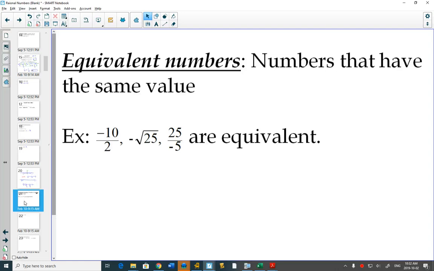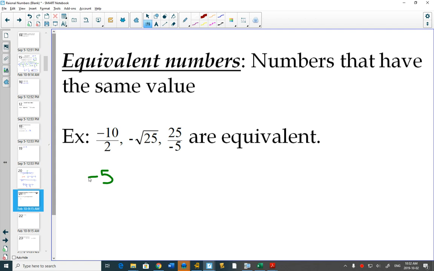We've seen by numbering things on our number line that sometimes the same number appears in 2 different ways. We call these equivalent numbers because they're equal to each other. And here's an example. What would happen if I simplified each of these? What's negative 10 divided by 2? Negative 5.